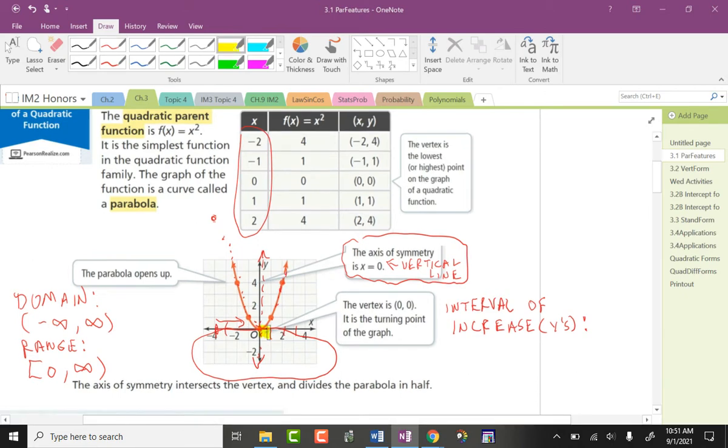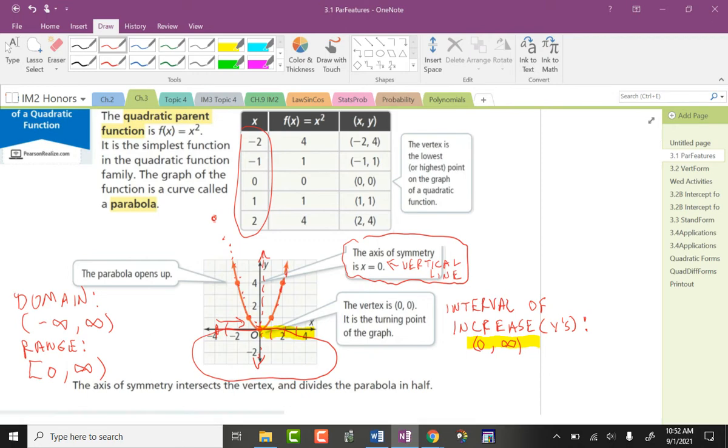But you name the x's to describe it, because those are the x's you plug in order from left to right to create the increasing y behavior. So those x's are from 0 to infinity. When I plug those x's in order from 0 to infinity, I get my increasing y behavior.